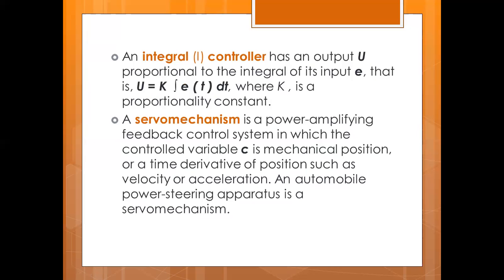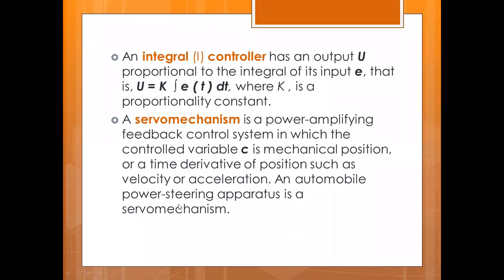Now, we have a servo mechanism here, a power amplifying feedback control system in which the controlled variable C is mechanical position or a time derivative of position such as velocity or acceleration. So an automobile power steering apparatus is an example of this servo mechanism.